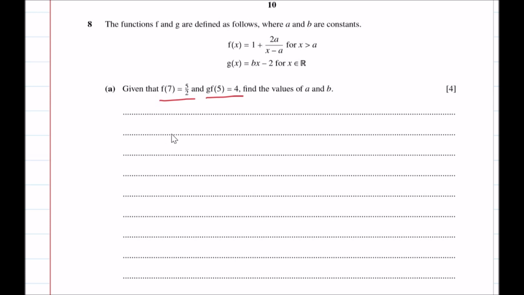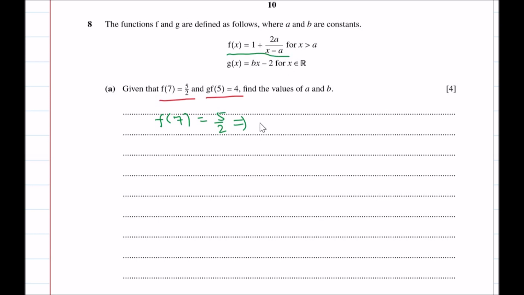Let us take the first one. We have f(7) equal to 5 by 2, and this implies that for f(7) we need to substitute x equal to 7 in this.